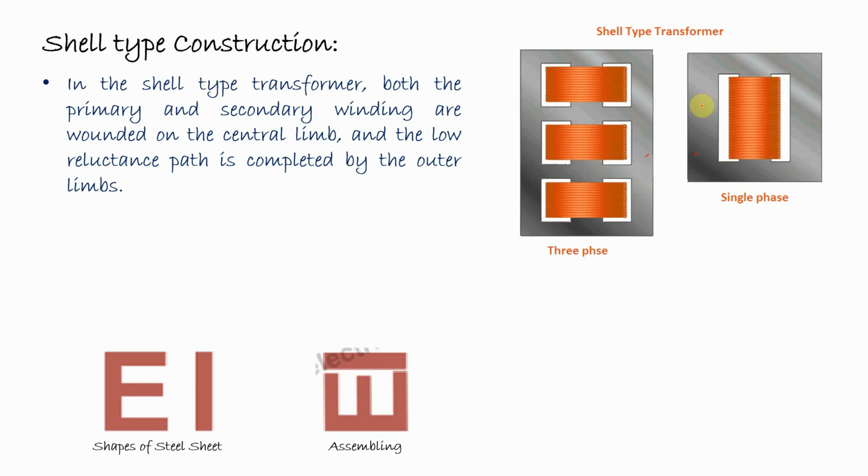In the single-phase transformer, you can see this is one limb, this is another limb, and this is the third limb. But here, all the windings, whether high voltage windings or low voltage windings, are basically placed on the central limb. The other two limbs are basically left free. And similarly, there will be no windings placed on the yoke.